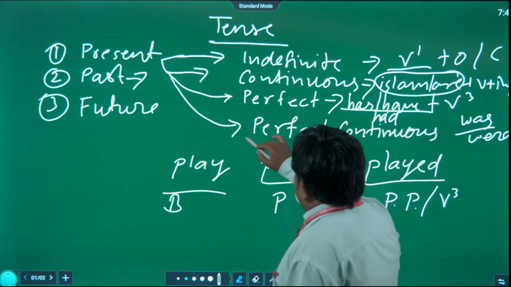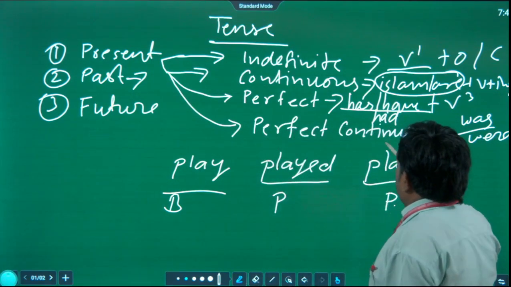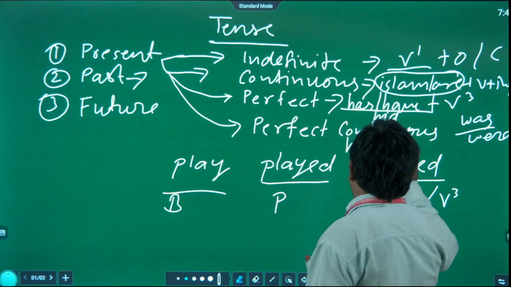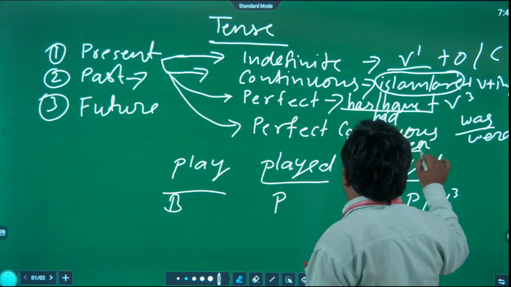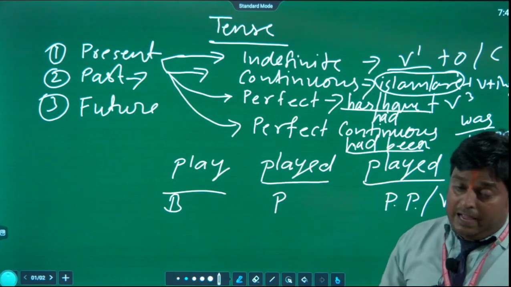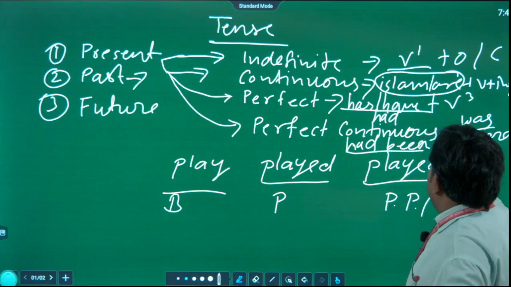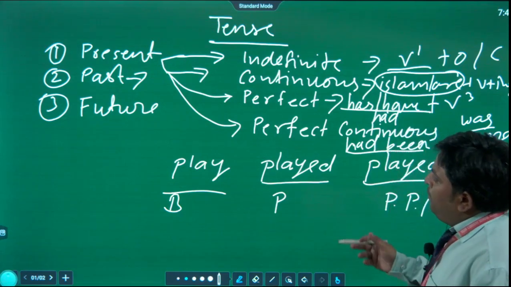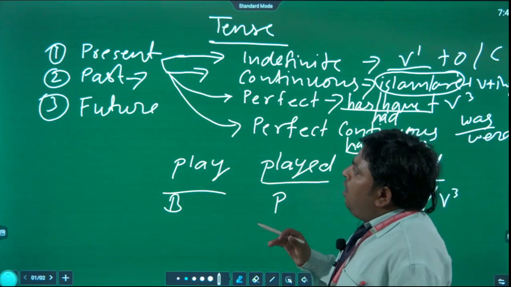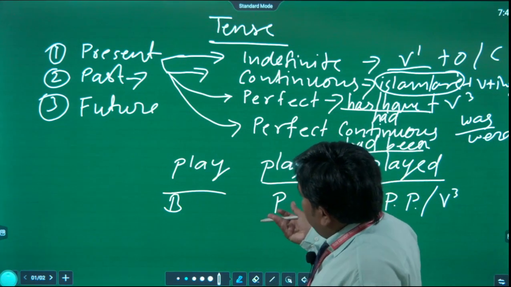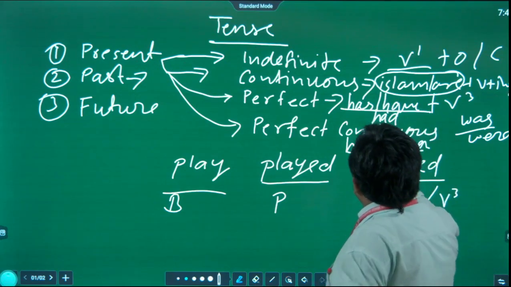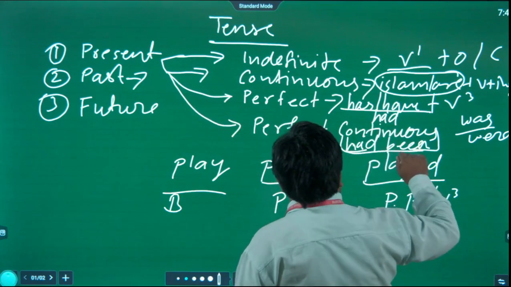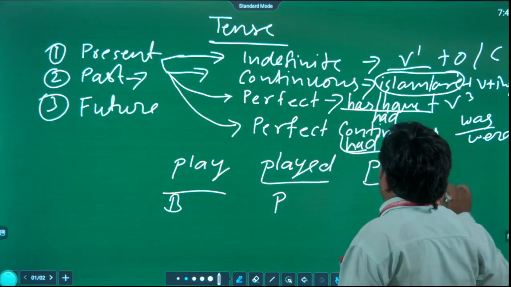Next, in the past perfect continuous tense, we use had been and the ing form of the verb.